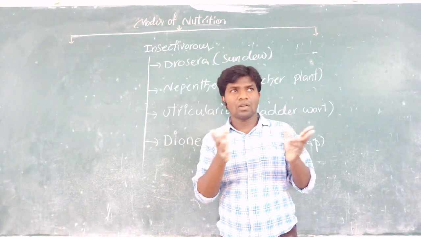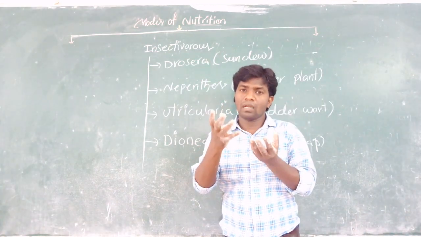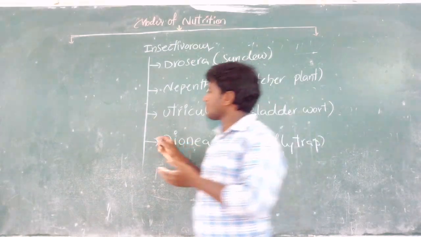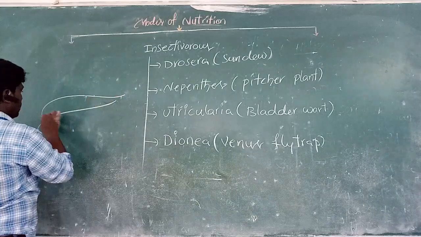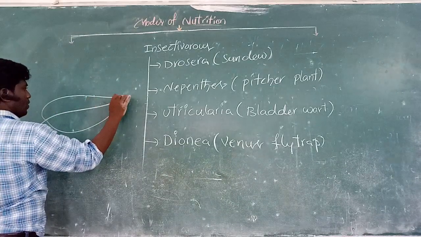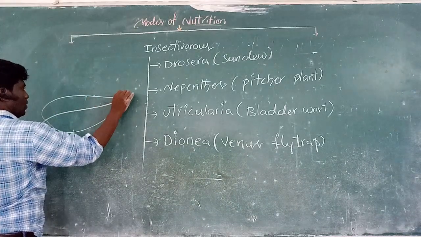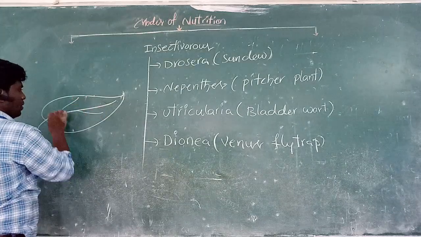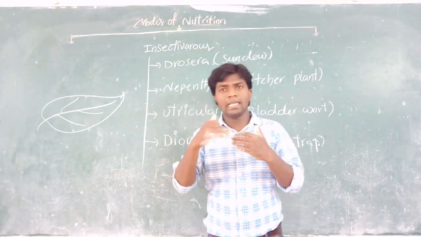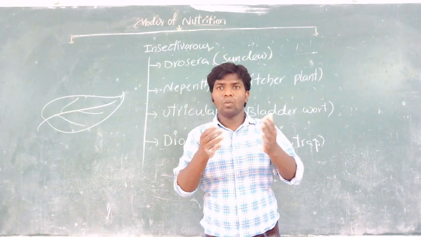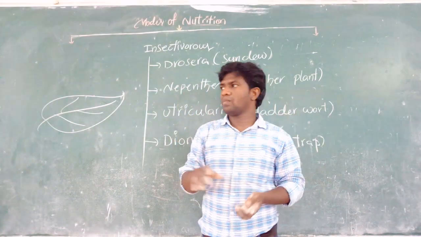Active ones can close their leaf and trap the insects the moment they land on them.